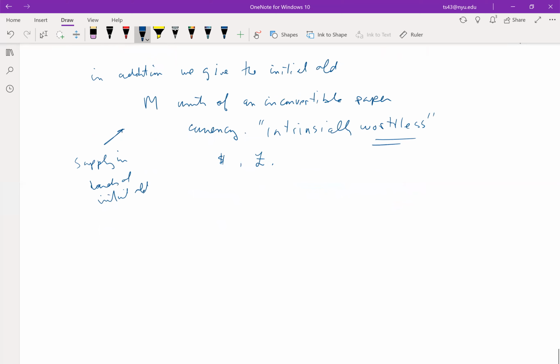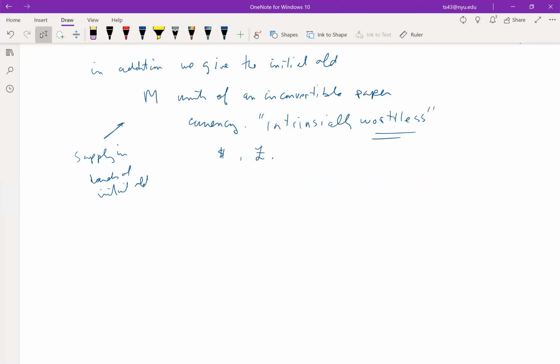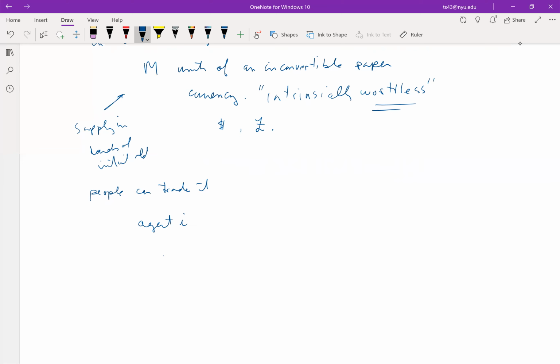And then we're going to allow people to trade it. People can trade it. And I'm going to write down the budget constraints of the young agent born at time I. So an agent named I has a budget constraint that looks like this.